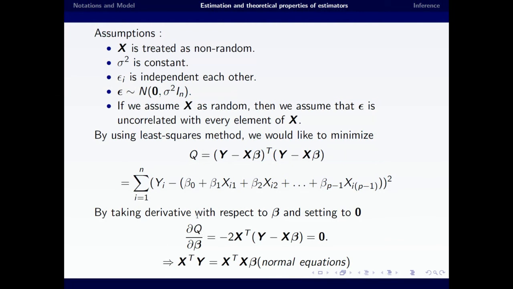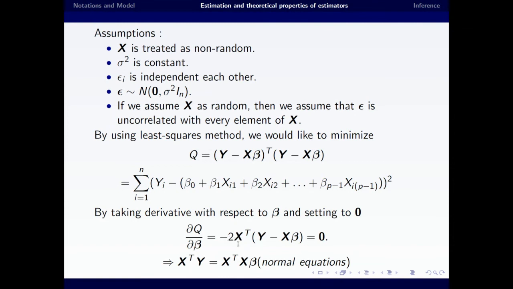Taking the derivative of Q with respect to the vector beta, you get minus 2 times X transpose (y minus X beta) equal to 0. Since beta is a p by 1 vector, the derivative is also a p by 1 vector.